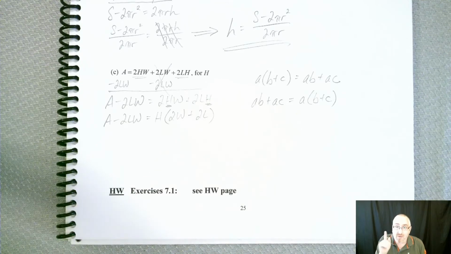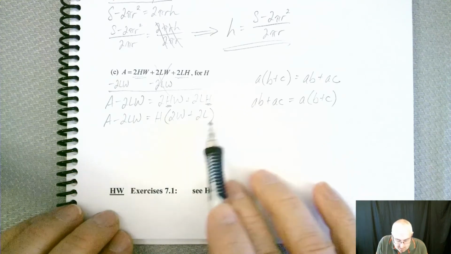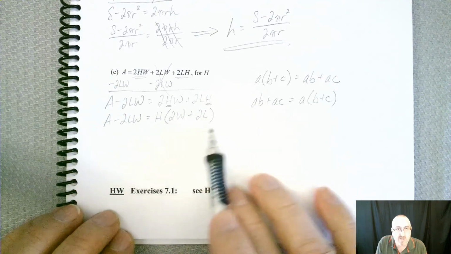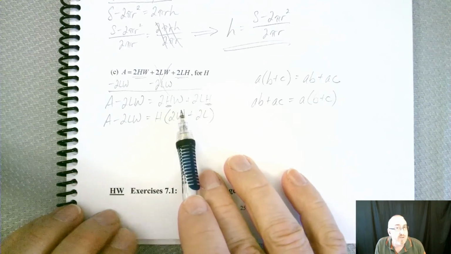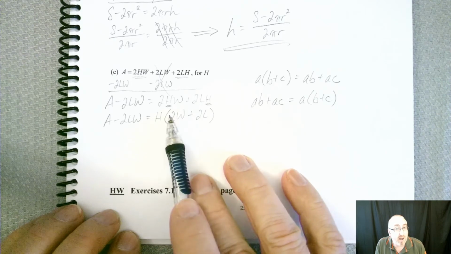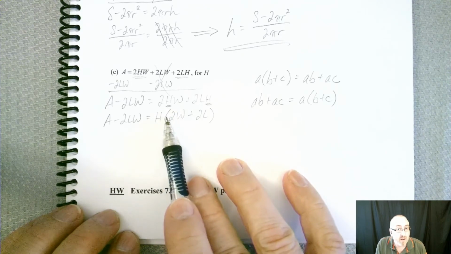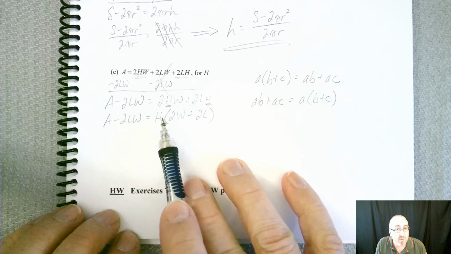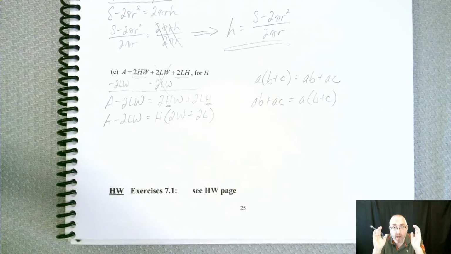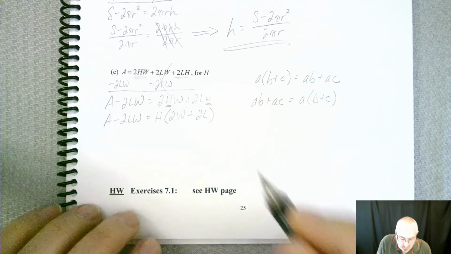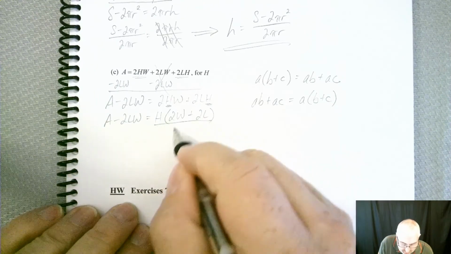So now we have just a single h, which is what we wanted. But now we got this big mess here that's attached to it. But how is it attached to it? It's attached by multiplication. This h is multiplied by this whole quantity. So if we want to get rid of that whole quantity, we're going to divide it again.